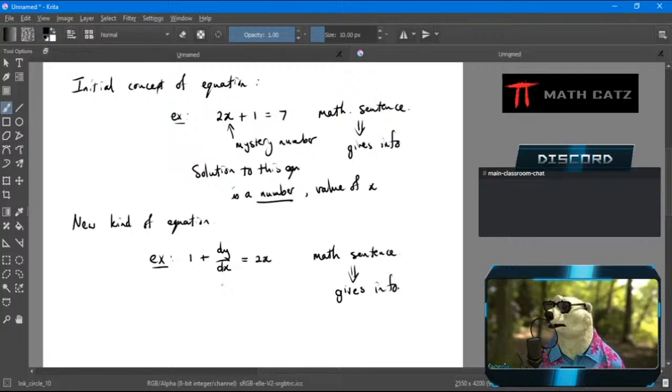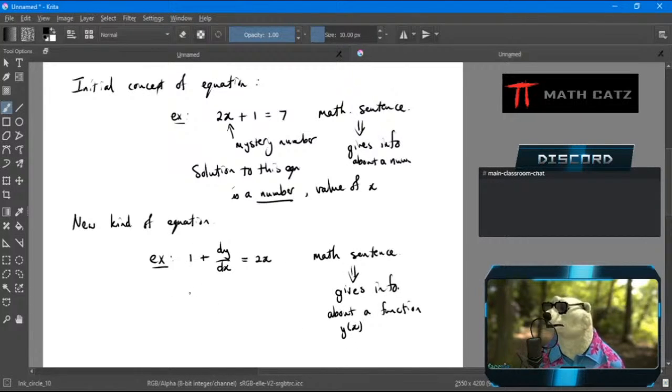But what it's giving me information about is a function and not a mystery number, but instead a function y of x.